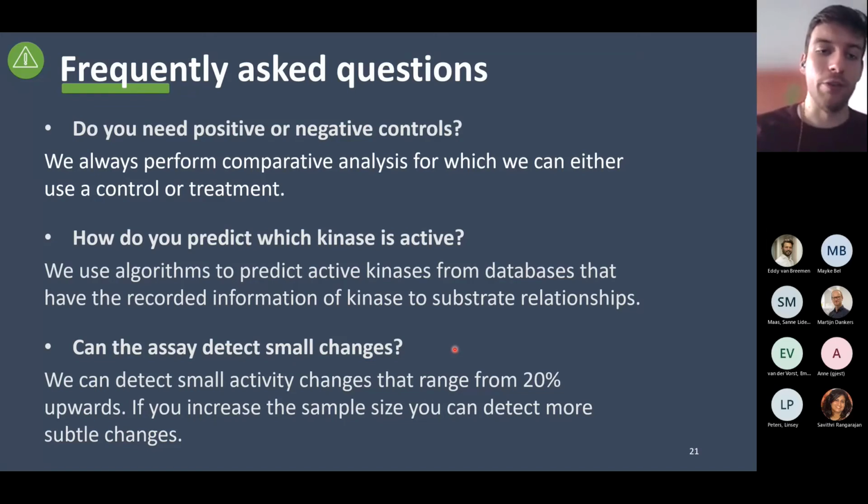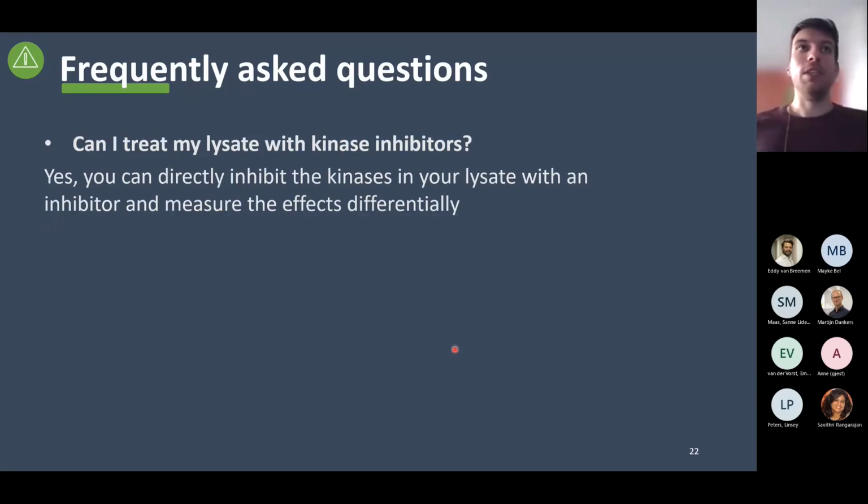And if you increase the sample size, you can detect more subtle changes as the overall variance decreases. Finally, the last frequently asked question is whether you can treat your lysate with kinase inhibitors. I went into this quite extensively before, but you can directly inhibit the kinases in your lysate if you spike in an inhibitor and then measure the effects of this spiking differentially.